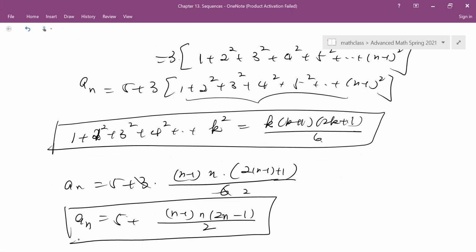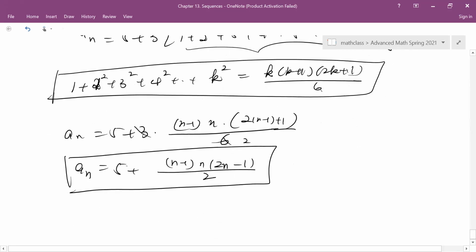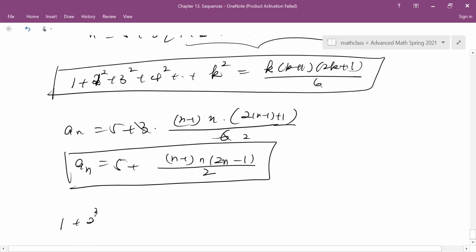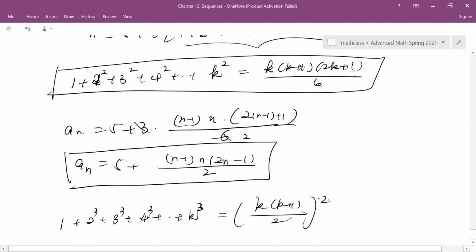All right. We know how to add all the numbers, like 1 plus 2 plus 3 all the way to k. But when you add 1 plus 2 squared plus 3 squared, all the perfect squares, that is not trivial. Another formula I want to mention is 1 plus 2 cubed plus 3 cubed plus 4 cubed up to k cubed. This can be combined, it's going to be k times (k plus 1) divided by 2, all squared.